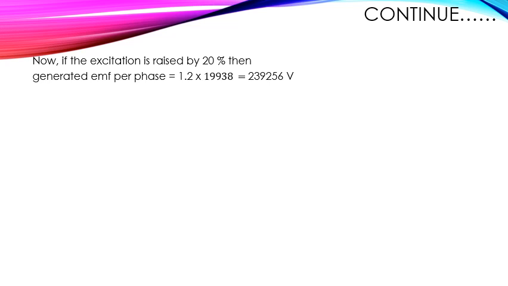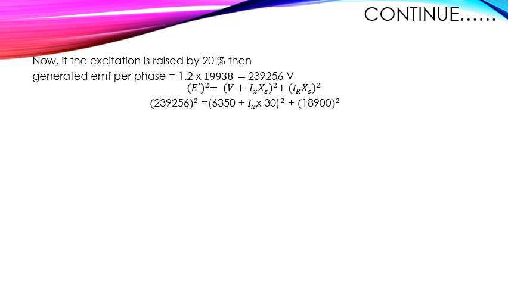Right, so we will get the generated EMF per phase. Then as per the phasor diagram, E dash square is equals to V plus Ix excess whole square plus IR excess whole square.